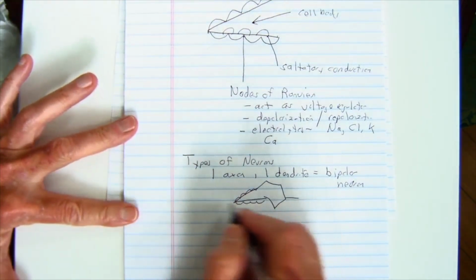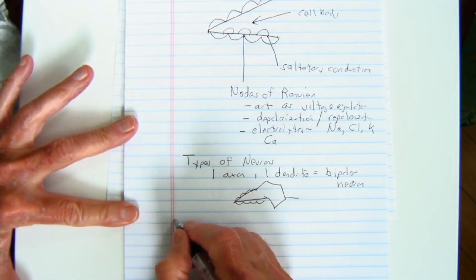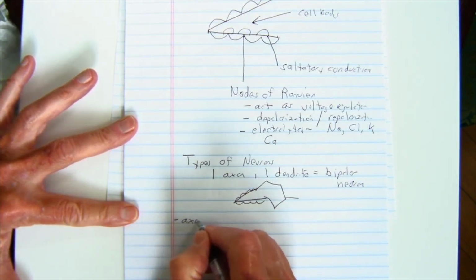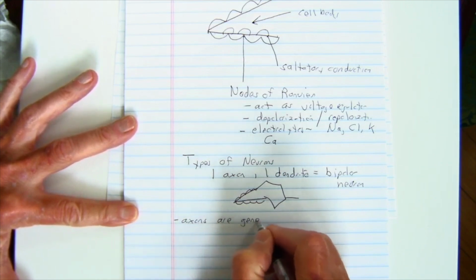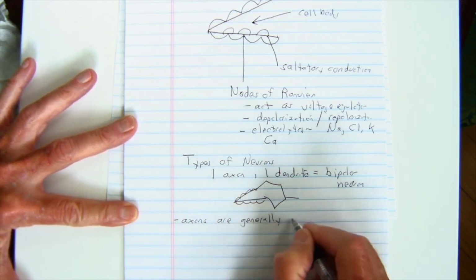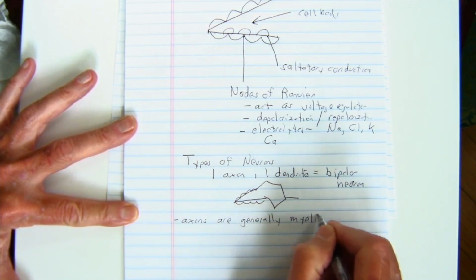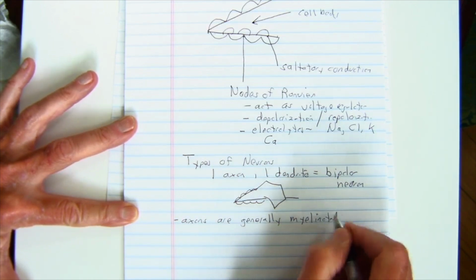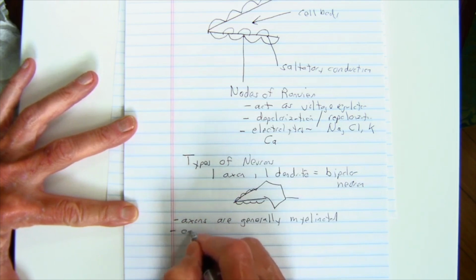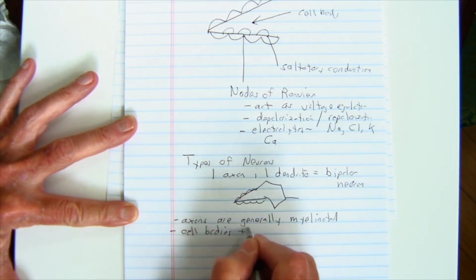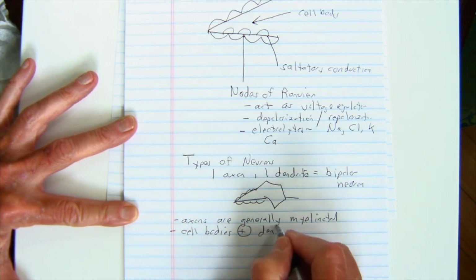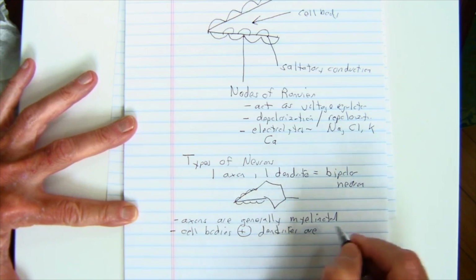So just to add to this, remember that axons are generally myelinated, or insulated, and cell bodies and dendrites are unmyelinated.